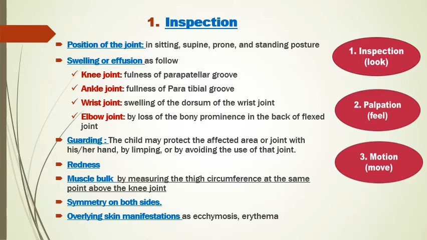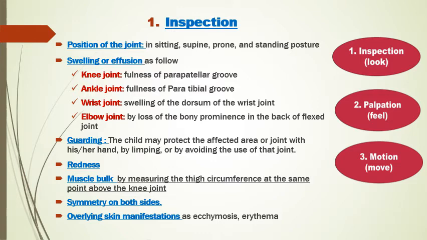Swelling of the joint. In case of knee joint, I see fullness of the parapatellar groove. In case of ankle joint, the fullness of the paratibial groove. In wrist joint, swelling of the dorsum of the wrist joint. In elbow joint, by loss of the prominence of the back of the flexed joint.